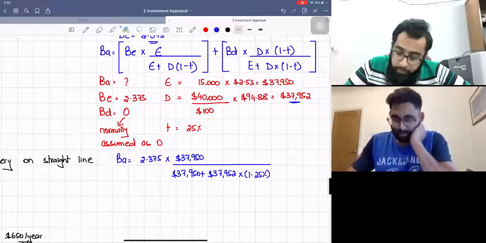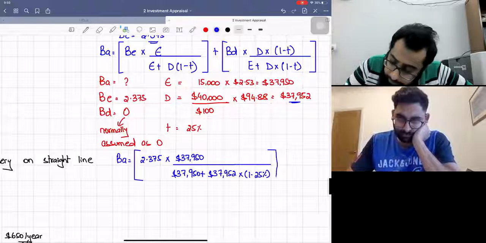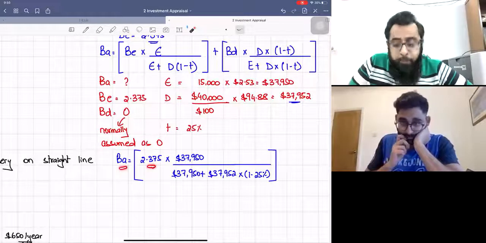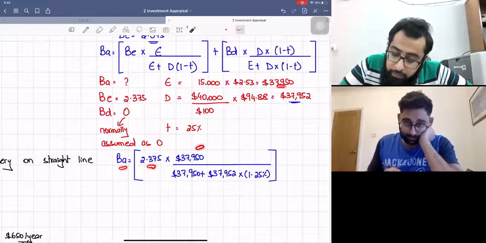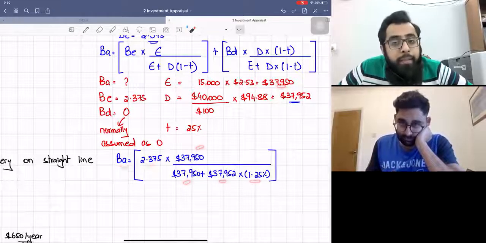I'm repeating it again. Beta asset is equal to beta equity into equity divided by equity plus debt into 1 minus tax.